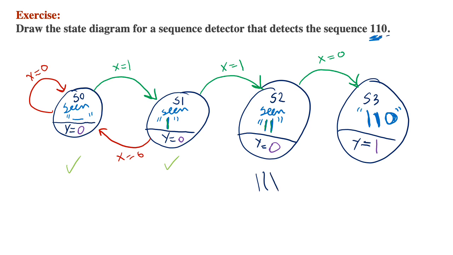I will check if there is any state that says 1 1 1. There is no state that says that, so I will cross the oldest bit. Is there a state that says 1 1? Yes, and the state is actually the same state, state 2. So that means if I am in state 2 and I receive a 1 at the input, I'm going to go back to state 2 again.